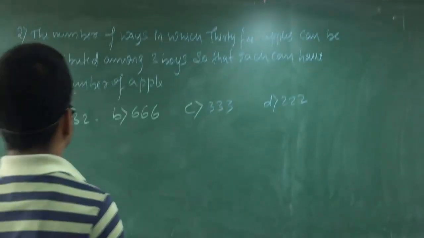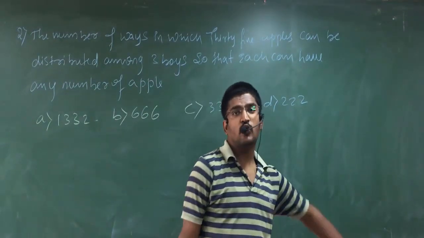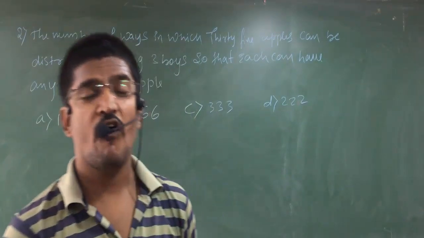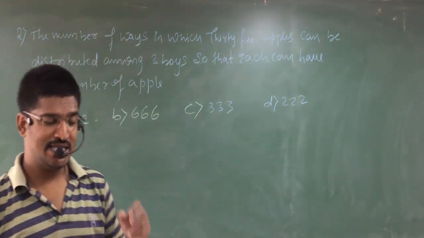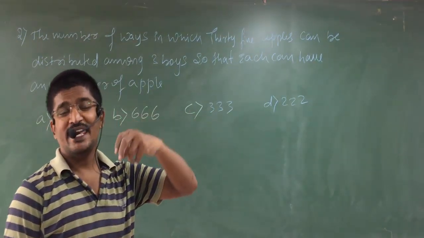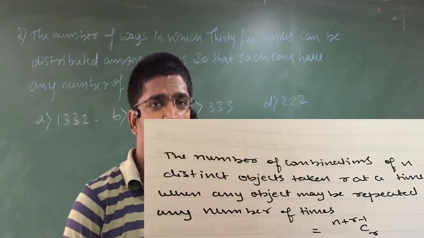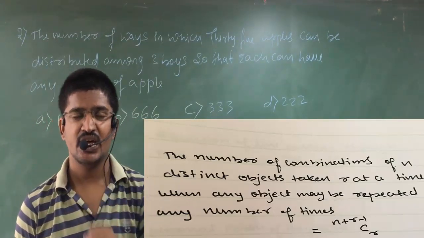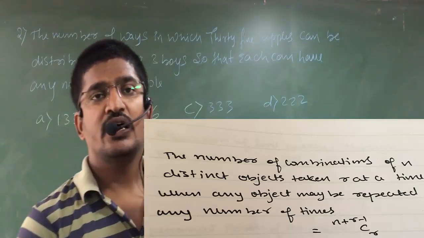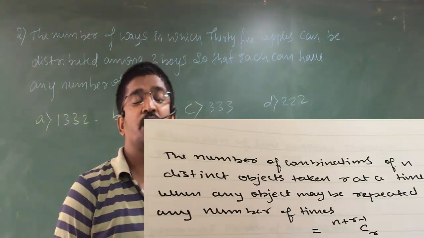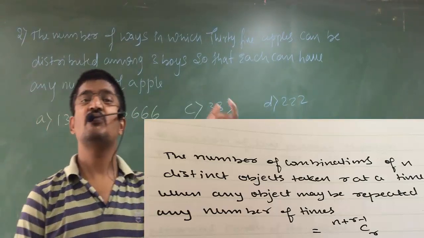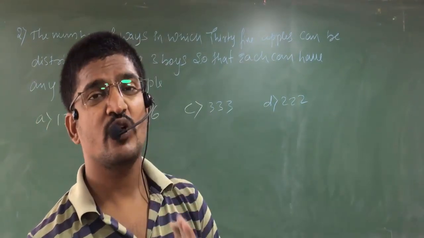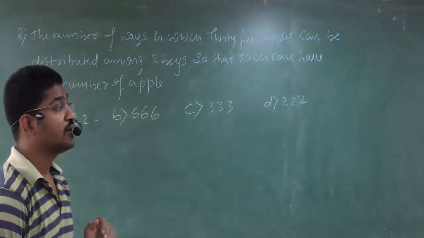Okay, students. Now let us solve one more problem on the statement that from n number of distinct objects, r number of objects can be selected, and that r number can be repeated any number of times. That number of combinations we are going to calculate here.